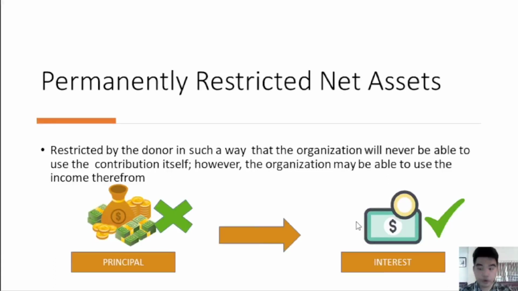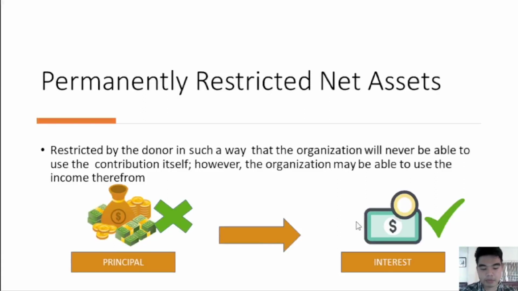So, moreover, information about the nature and amounts of different types of permanent restrictions or temporary restrictions shall be provided either by reporting their amounts on the face of the statement or by including relevant details in notes to financial statements.